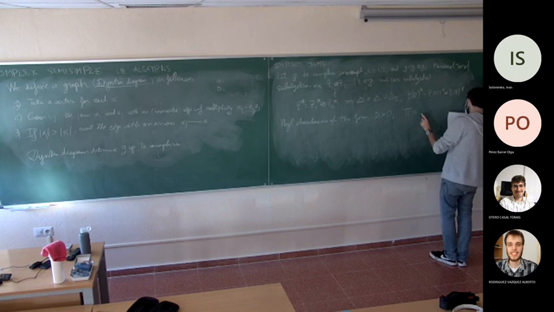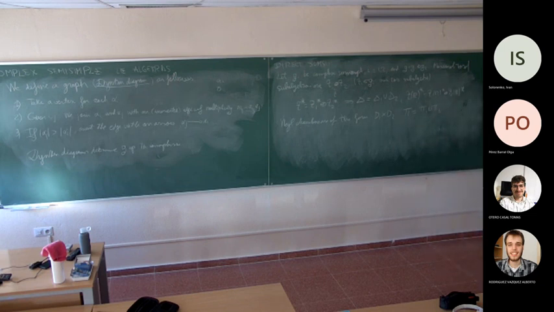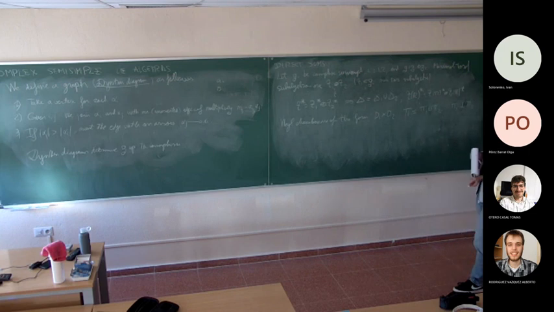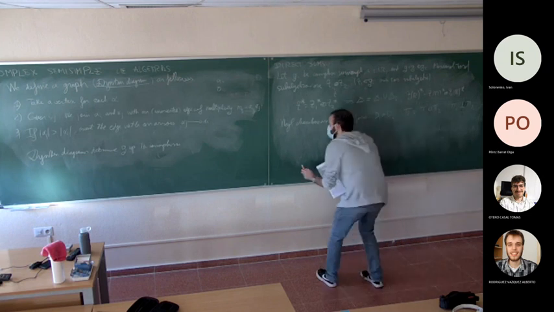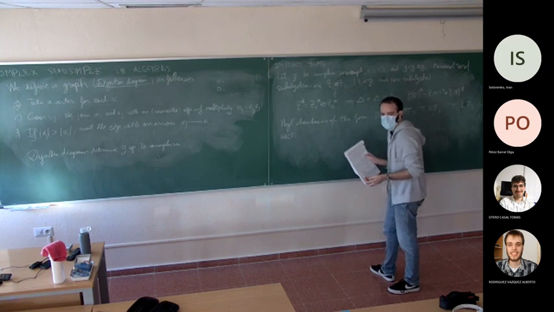So the set of simple roots is going to be the union of the sets of simple roots associated to each g_i, where these two sets are orthogonal. And to finish, from this we deduce that this breaks the Dynkin diagram into non-connected parts, and it can be shown that g is simple if and only if the Dynkin diagram is connected.